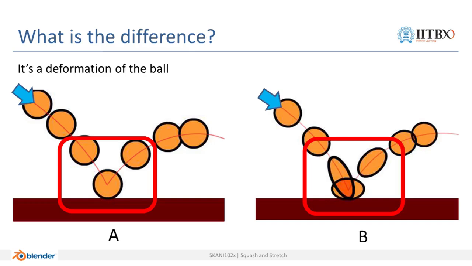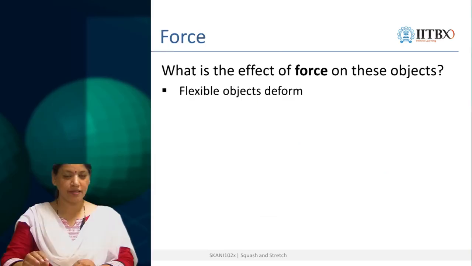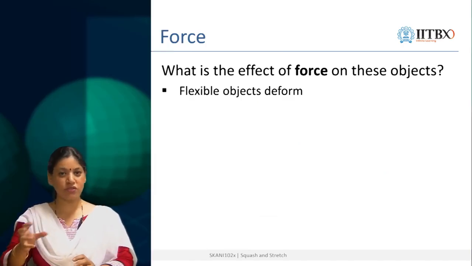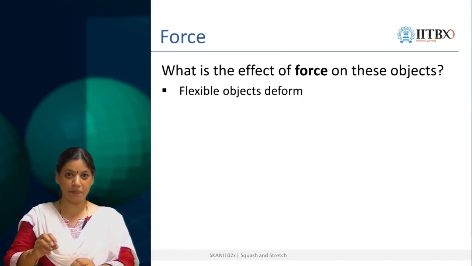Here in animation B, you will find that when the ball is going to hit the ground and when it goes off, it is changing its shape. This is a deformation. Why does this deformation happen? This deformation differs according to the softness of the material. For example, I show this ball which is very soft.